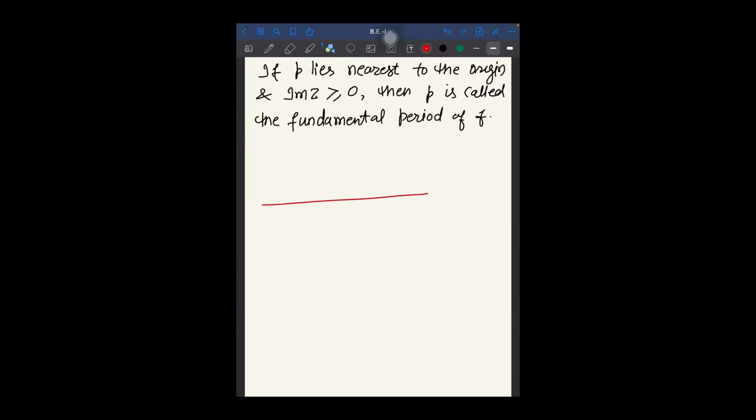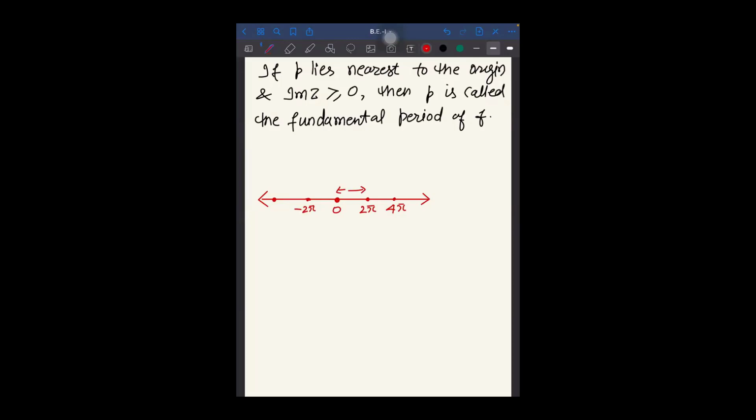Let's say you are working in 1D. In the case of sine, you know that it repeats at 2 pi, then repeats again at 4 pi, but you choose the minimum one, right? The minimum positive number is 2 pi.